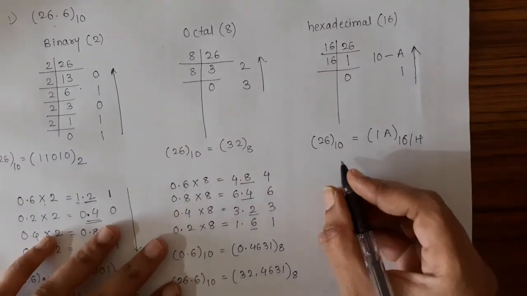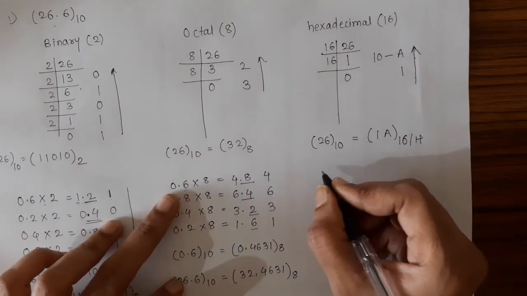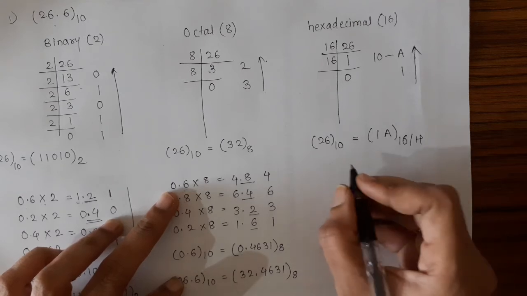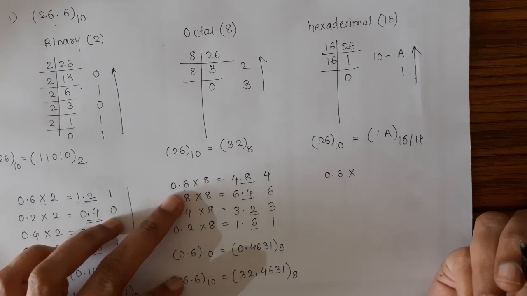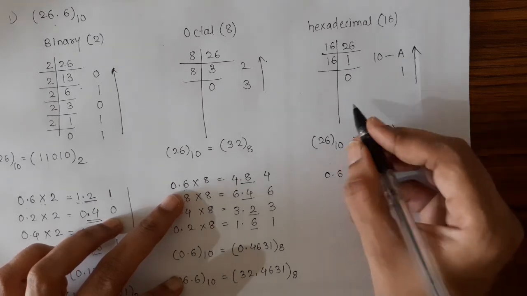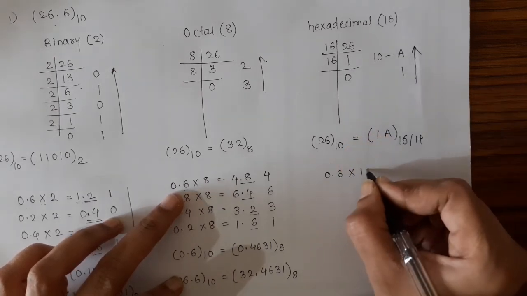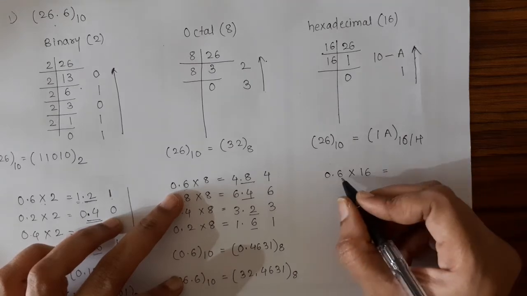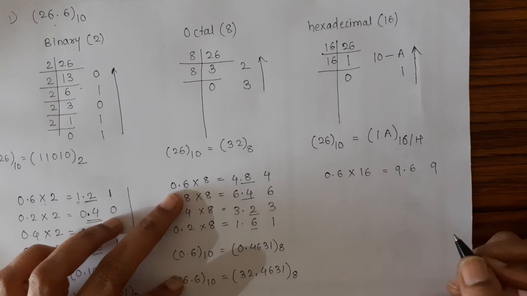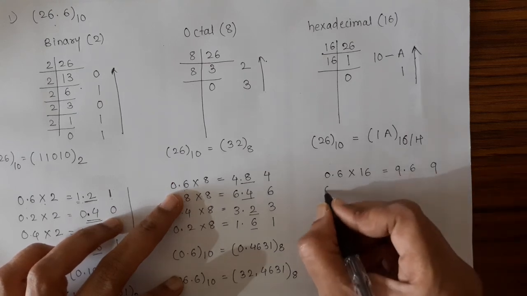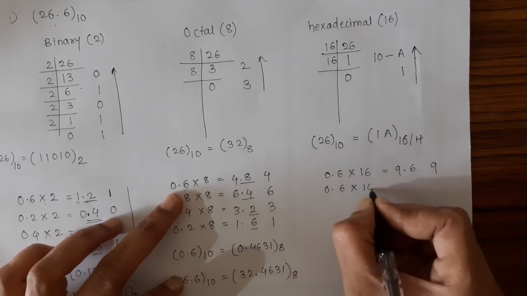Next, here we have to convert 0.6 into hexadecimal. So which number do we have to use to multiply? 16 is the base of hexadecimal, so we will go with 16. 16 times 0.6 is 9.6, of which 9 is recorded separately. Then 0.6 into 16 again.